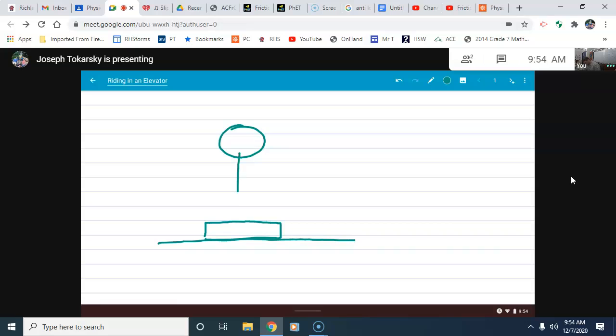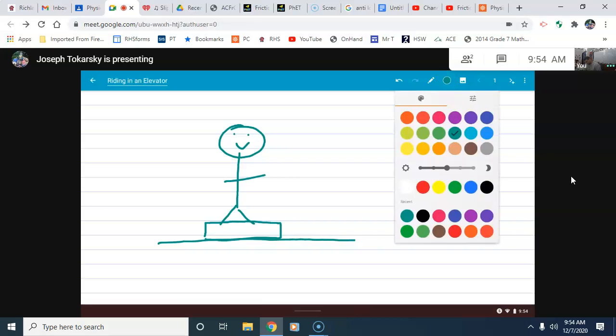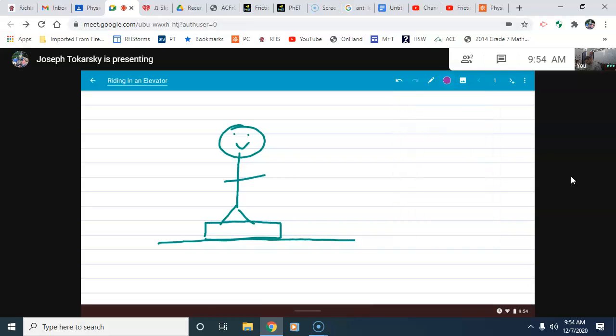Here's you. The simplest scenario we're going to take first is that we're at rest in an elevator on a bathroom scale.